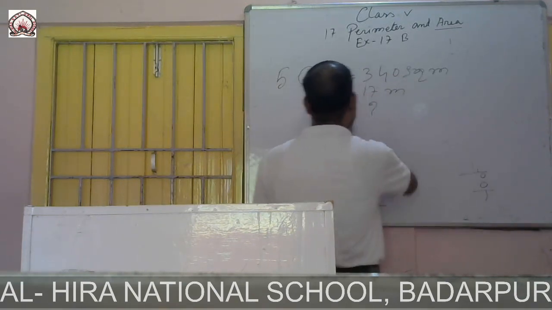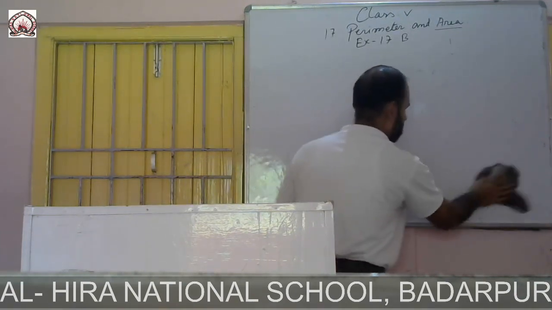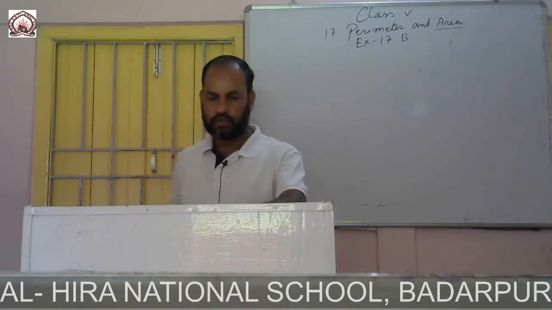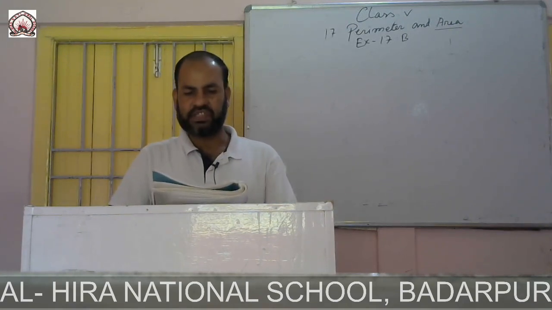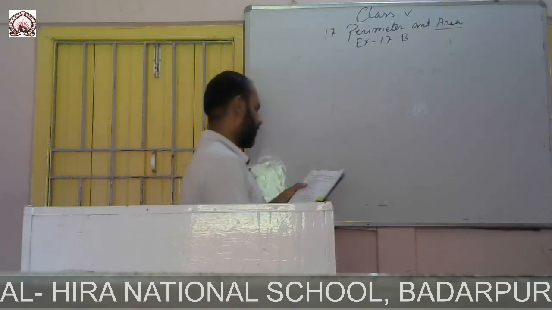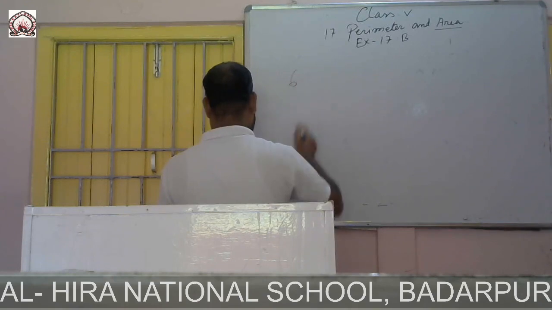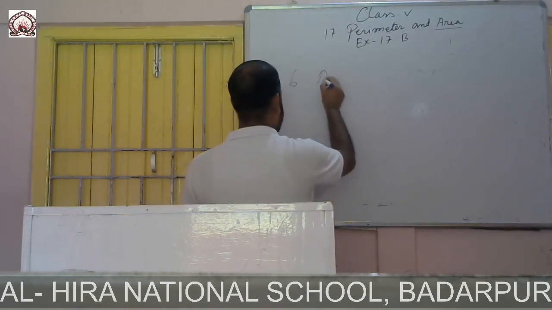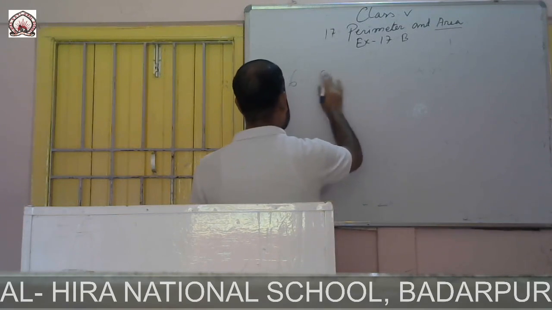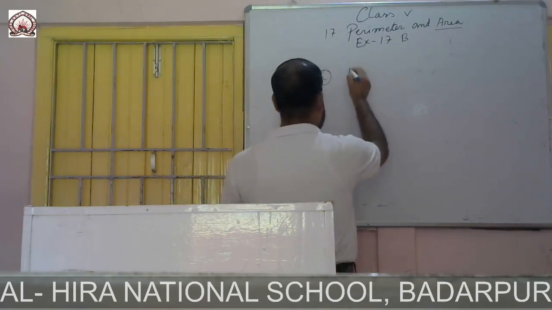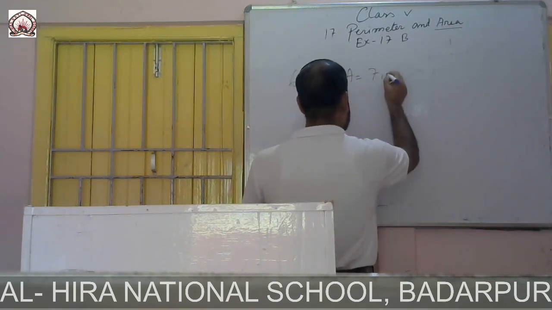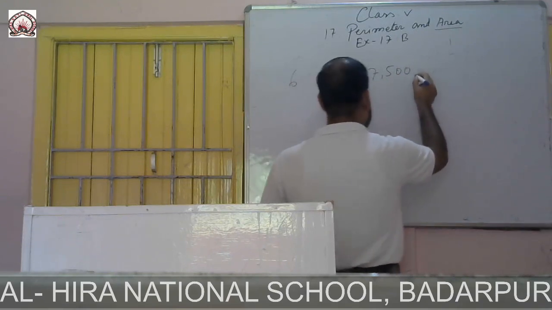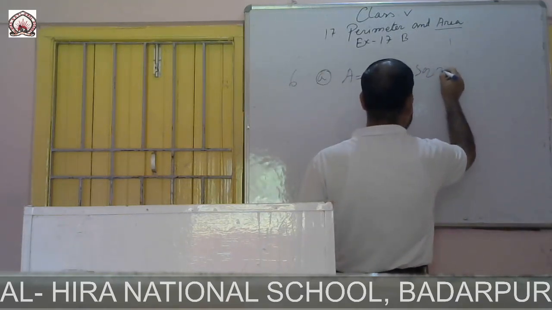Next question number 6. Find the breadth of each rectangle from its area and length given. Question number A. Area equal to 7,500 square meter.